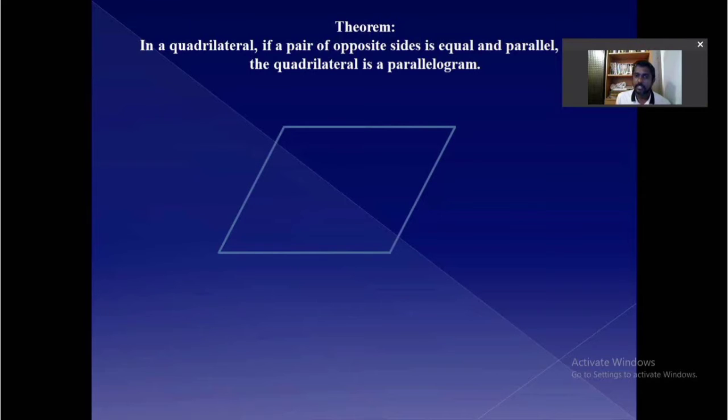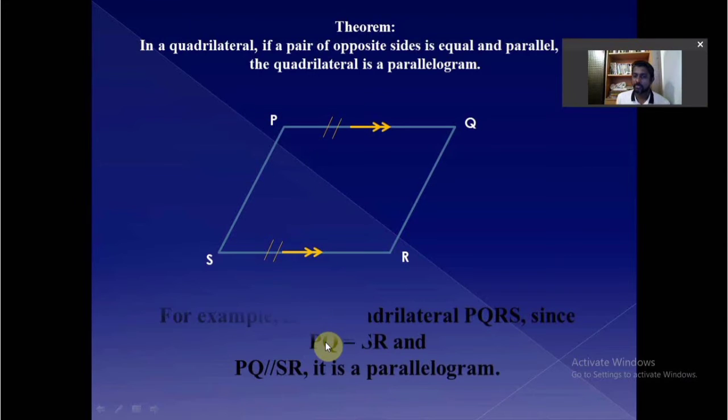See this quadrilateral PQRS. PQ and SR are the two opposite sides. These two sides are given as parallel and equal. Therefore, PQ equals SR and PQ is parallel to SR, so it's a parallelogram.